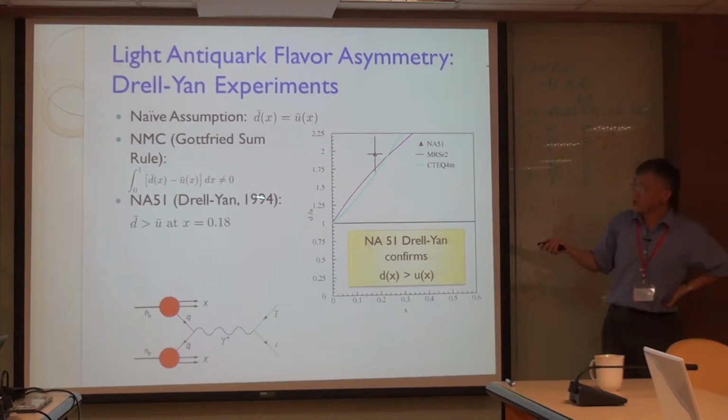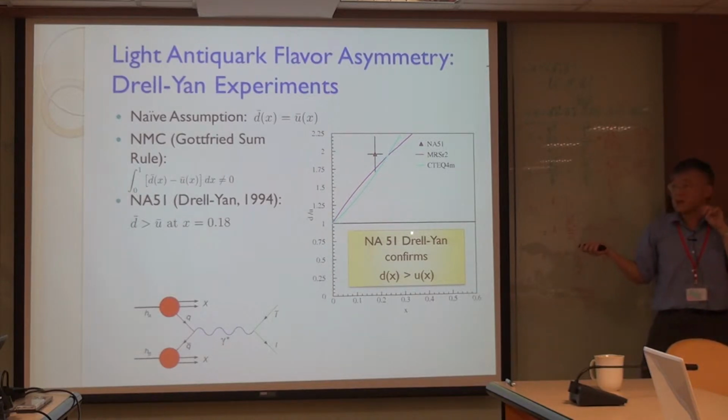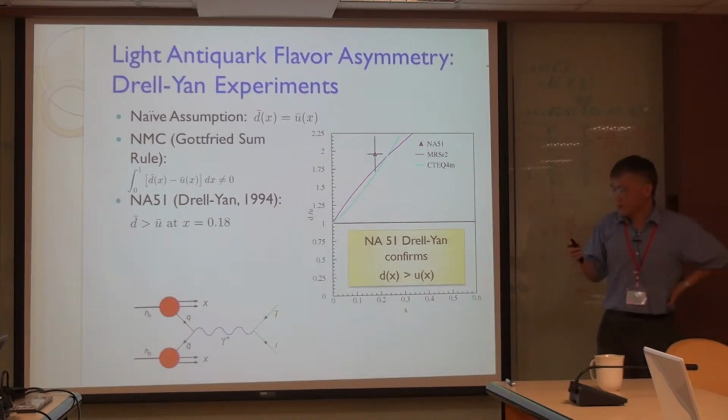The first Drell-Yan experiment, NA51, performed at CERN, shows this D bar U bar ratio around x equal to 0.2 is actually a factor of 2. So they are not identical at all in this region.